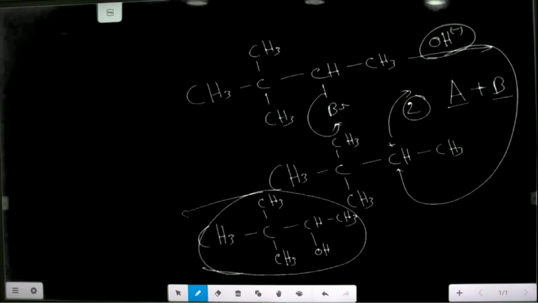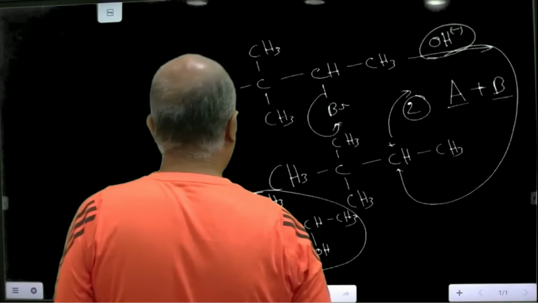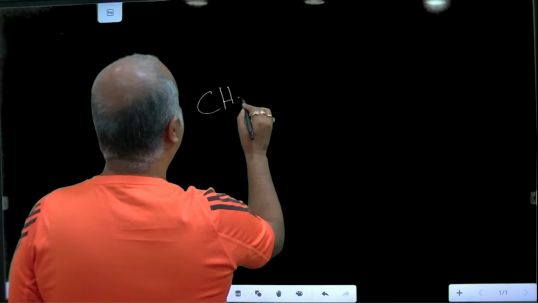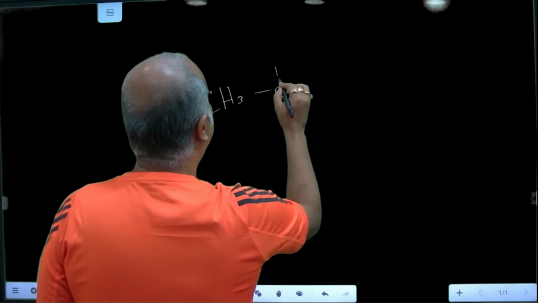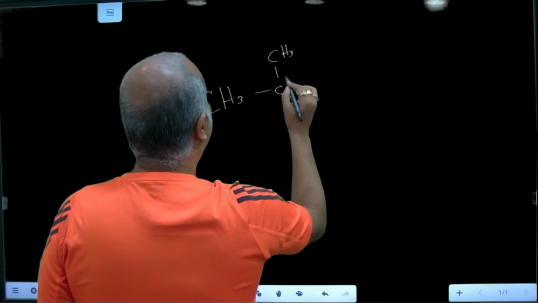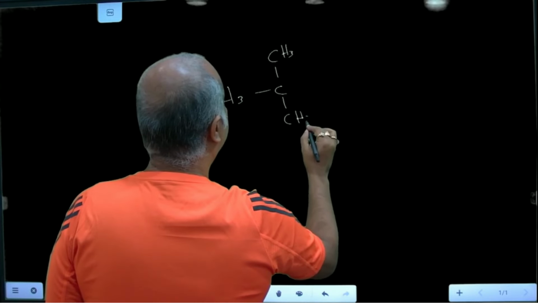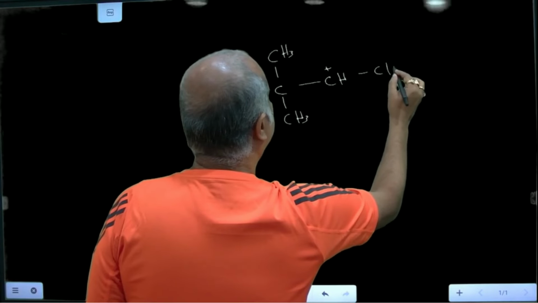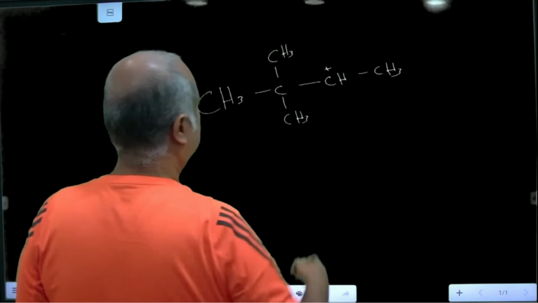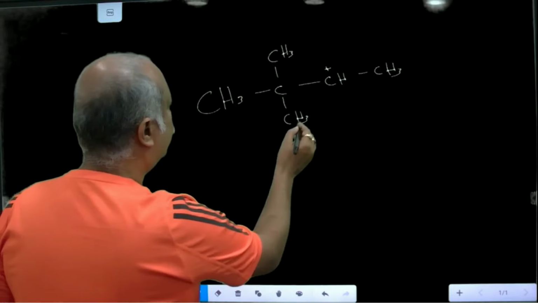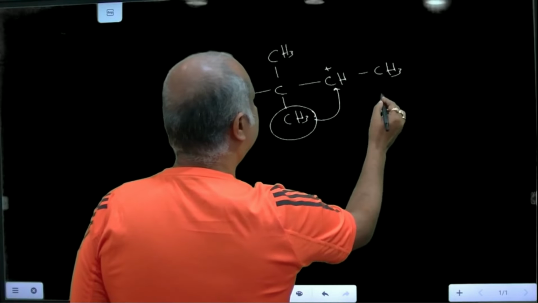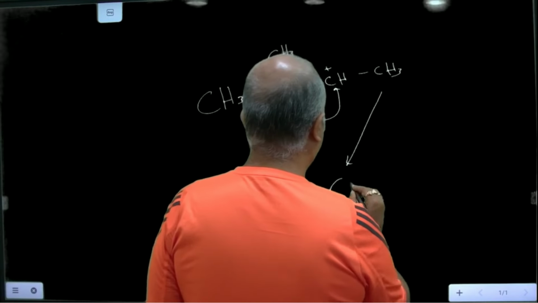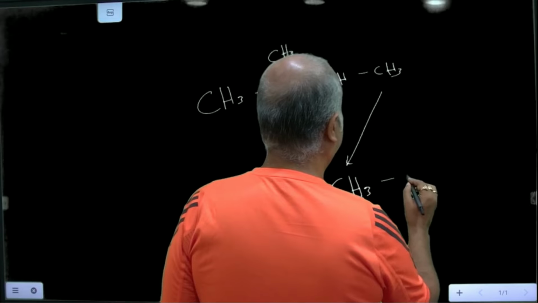And one thing remember, which one is the major product? CH3, C plus, this is the CH3, this is the CH3, this is CH plus and CH3. Anyone which can shift or migrate, the 1,2 shift.